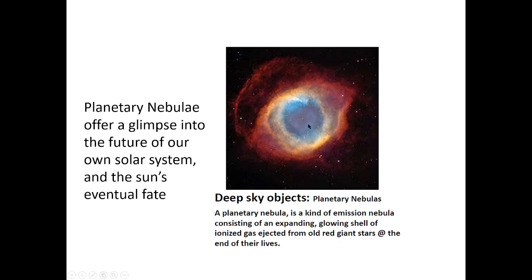And what's left behind is a white dwarf star. So this is the Helix Nebula here. And at the center here is a white dwarf. And this material is drifting away slowly, and eventually that material may be incorporated with other interstellar gases and material and form a new star system one day.